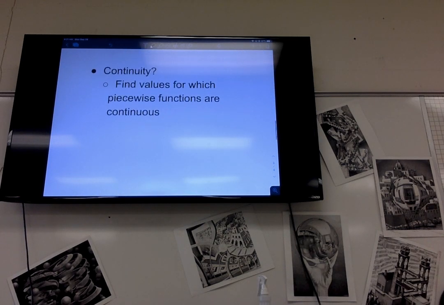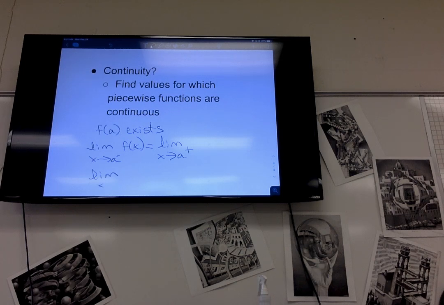You'll have questions about continuity. Make sure you know that for continuity, you have to have f of a exists. You've got to know that the limit as x approaches a from the left has to equal the limit as x approaches a from the right.